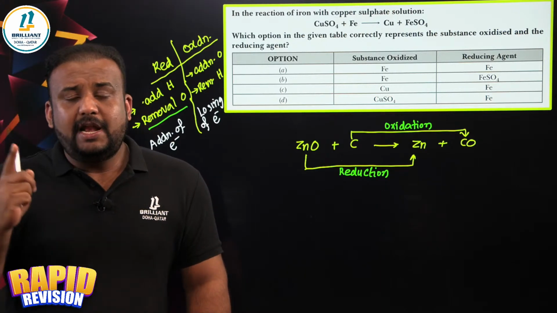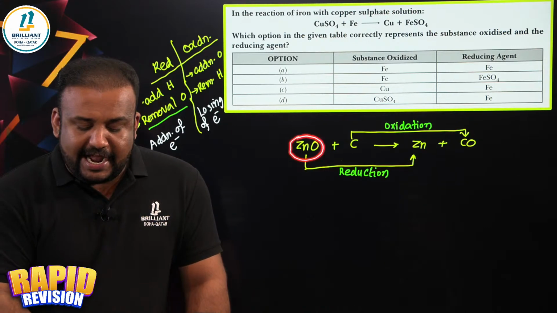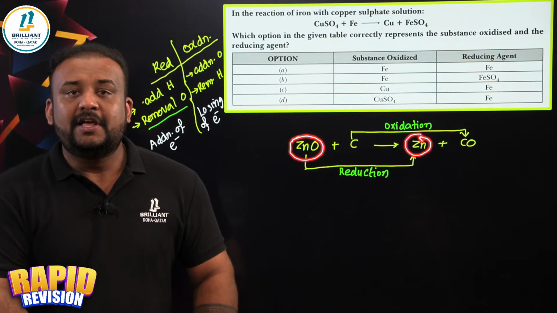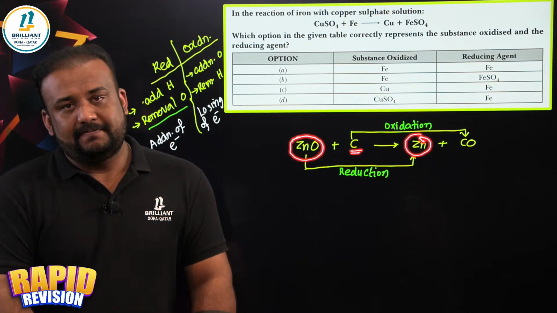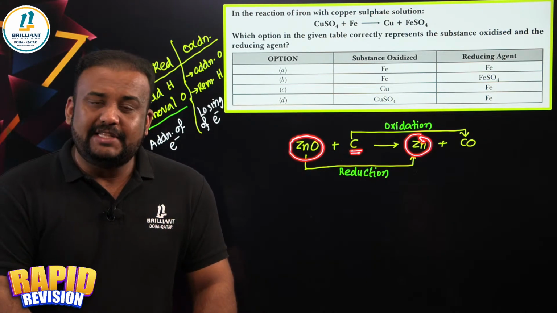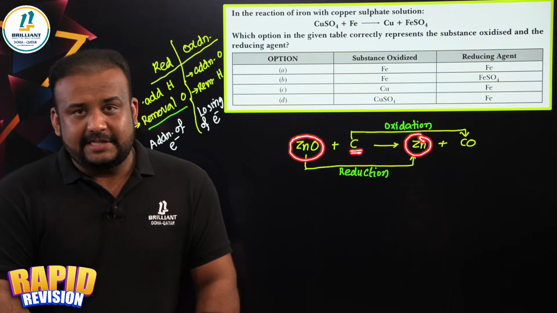Now, immediately remember this. The reason why we say zinc oxide has undergone reduction is because it lost oxygen. But who took its oxygen? Carbon took its oxygen. So in another manner, can't we say that carbon is responsible for reduction of zinc oxide? Yes.